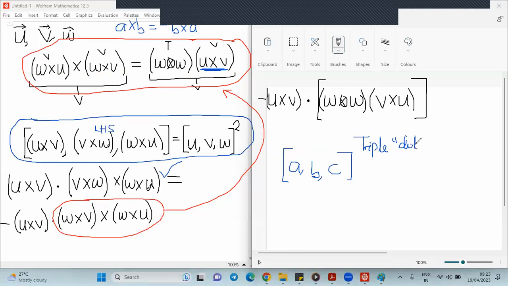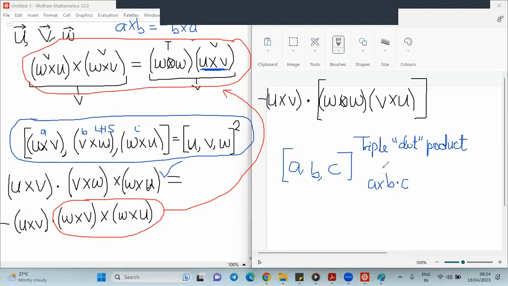I'll do a simple Google search to confirm that, because I know there's also the triple cross product. This is synonymous to vector A, this to vector B, this to vector C. So it's basically like saying A cross B dot C.